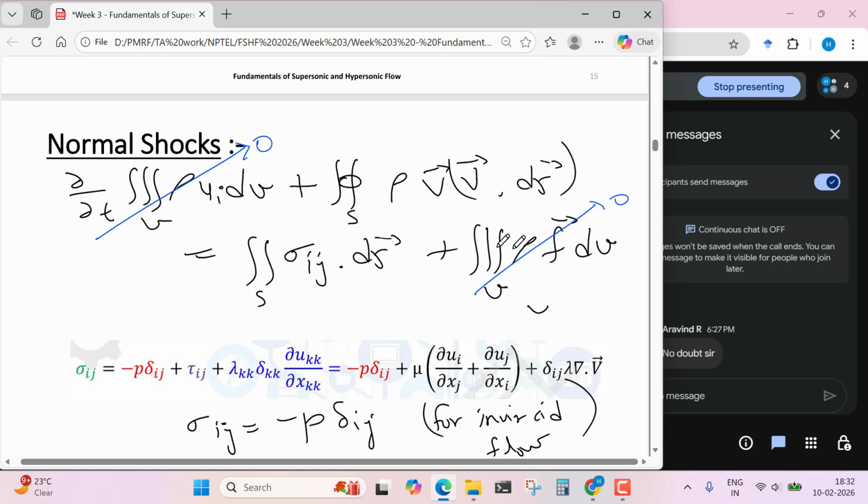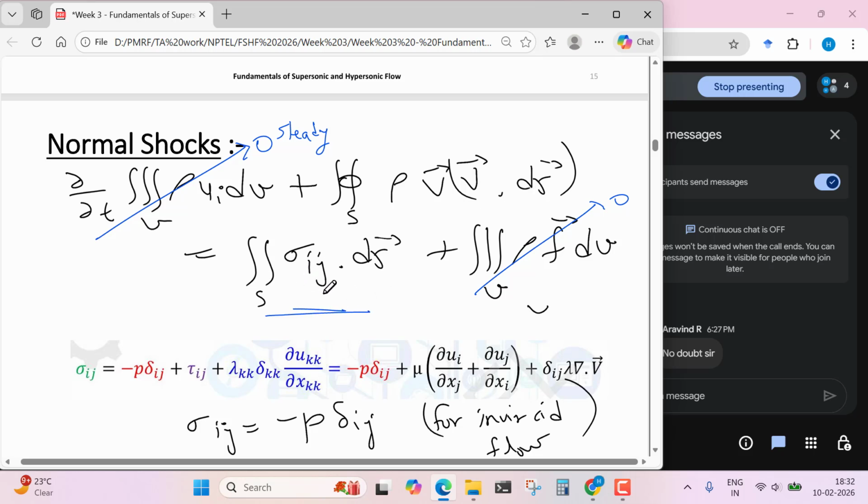The time term will be 0 because the flow is steady. And as there is no body force, this term also will be 0. So we are left with only these two terms.